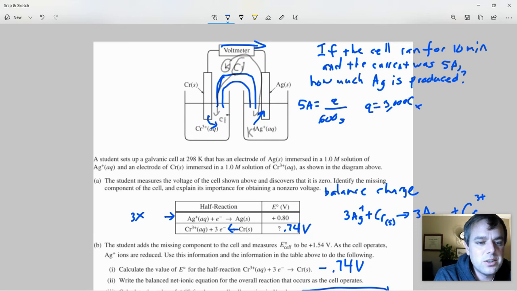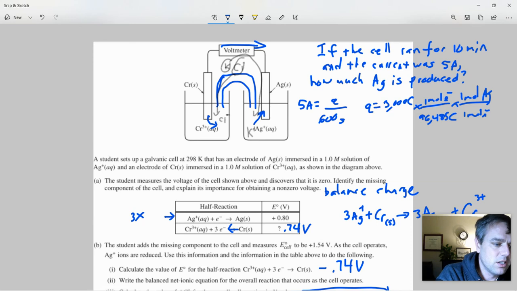And then we know that there are 96,485 coulombs in 1 mole of electrons. Then for every 1 mole of electrons, we get 1 mole of silver because it's a 1-to-1 ratio.